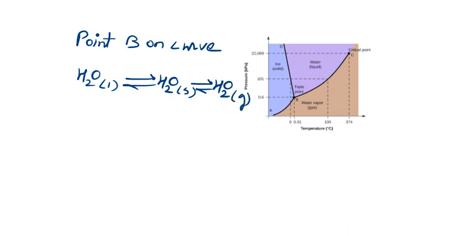So all the three forms coexist on this point, and therefore our three curves, that is DB, CB and AB, meet on this point, and solid, liquid and vapors are simultaneously at equilibrium, and therefore this point is called the triple point of water.